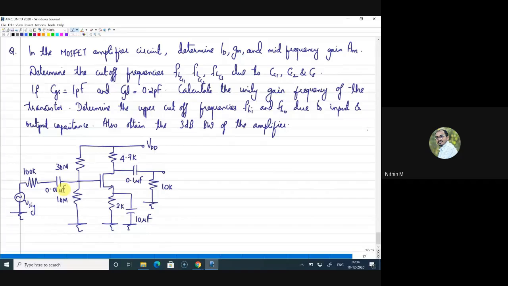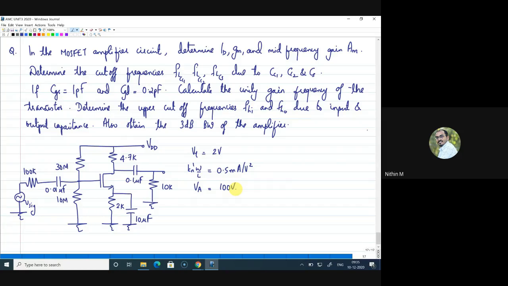All the component values are given. And the additional information regarding the transistor: its threshold is 2, its Kn dash W by L, which is mu n Cox W by L, is given as 0.5 milliamps per volt square. Early voltage is given as 100 volts, right? So this is the circuit, the question given.